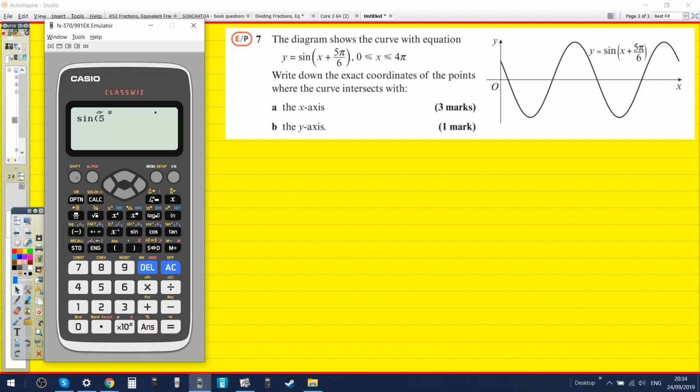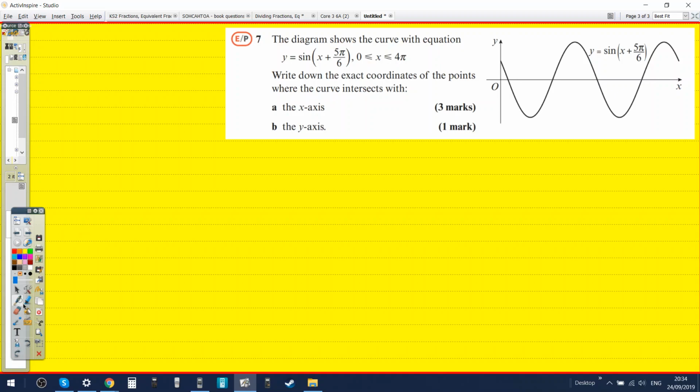Okay. That's equal to 0.04568, I believe. Which is in degrees. Yep. So do I need to multiply it to radians? So you could just change the settings of your calculator to radians. But how would you know when you need to do that and when you need to take it out?